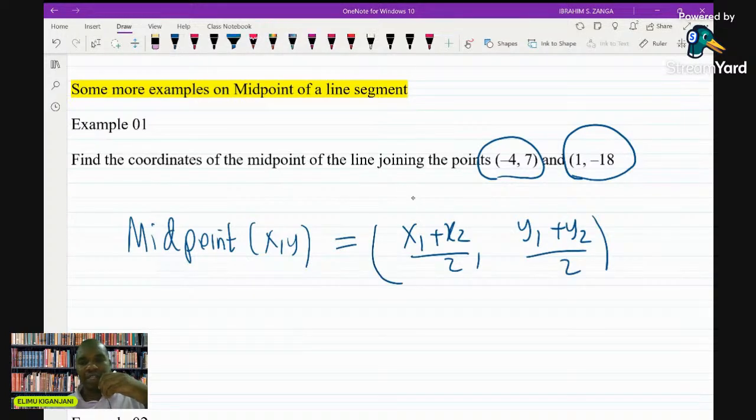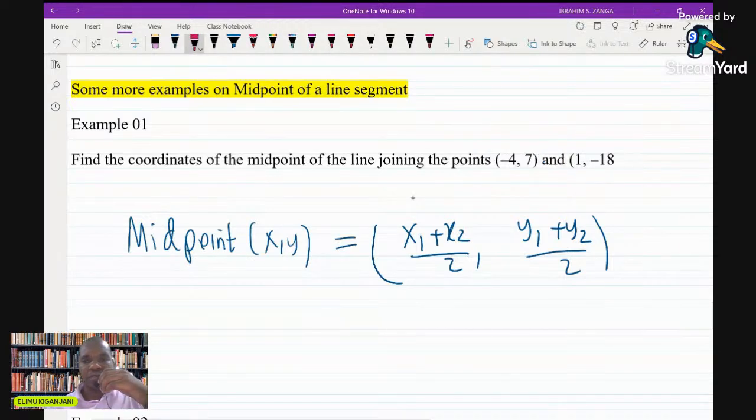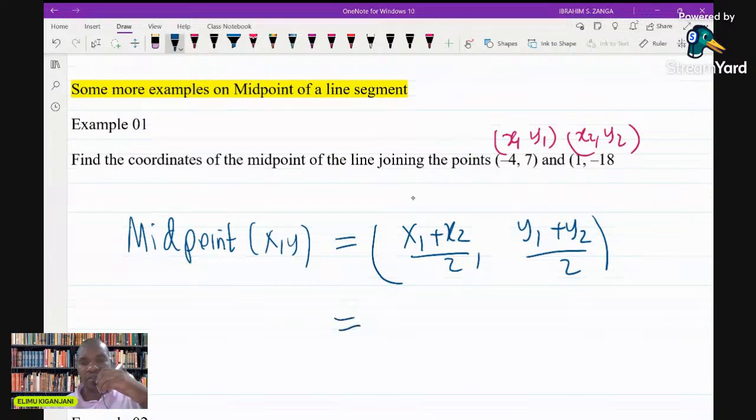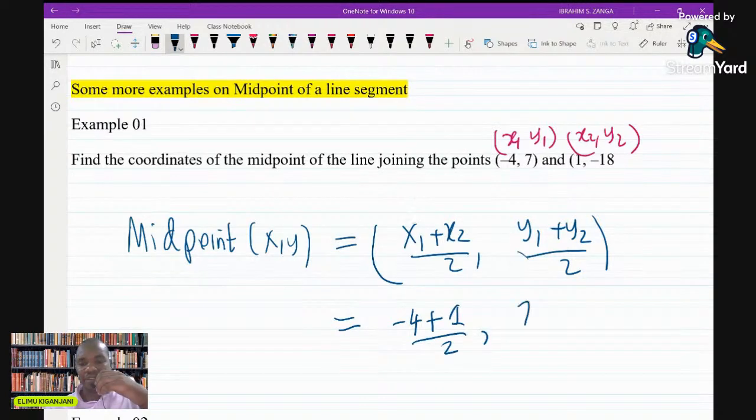So you have to assign these points to be x1, y1, and the other one will be x2, y2. So now the midpoint will be equal to (-4 plus 1) divided by 2, (7 minus 18) divided by 2.